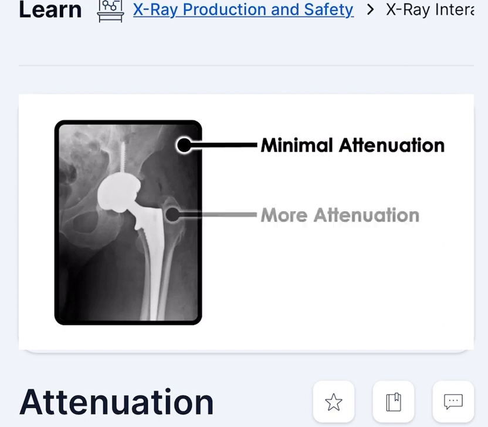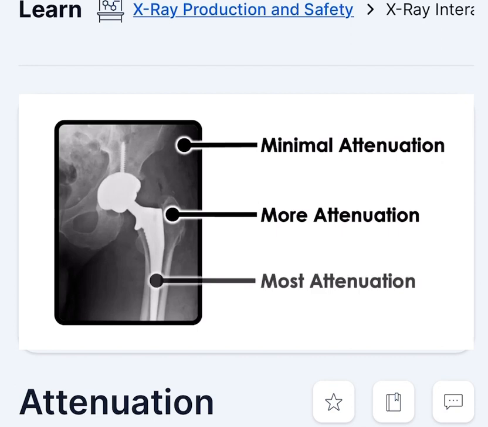Bones, though, attenuate more radiation because, on average, the materials in bone have a significantly higher atomic number. And in this example, the metal implant in the hip attenuates the most radiation. That's because the steel hardware has a very high atomic number compared to the bone and soft tissue. The density of the metal is also a contributing factor to increased attenuation.